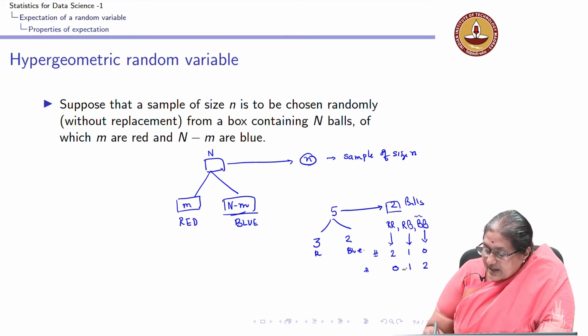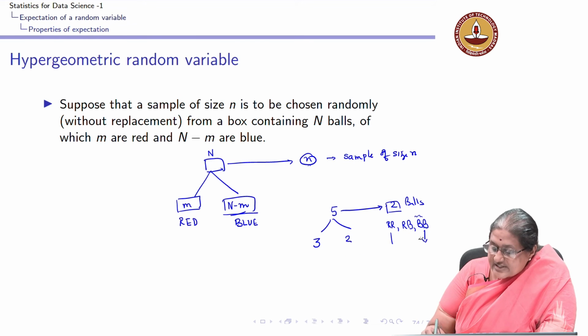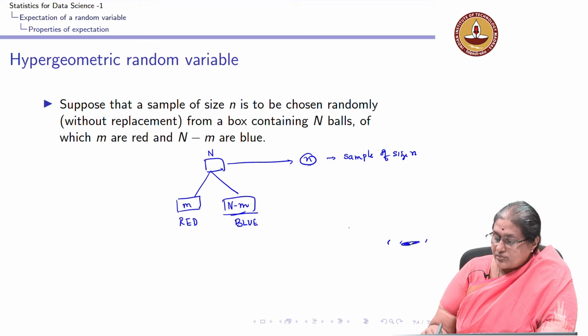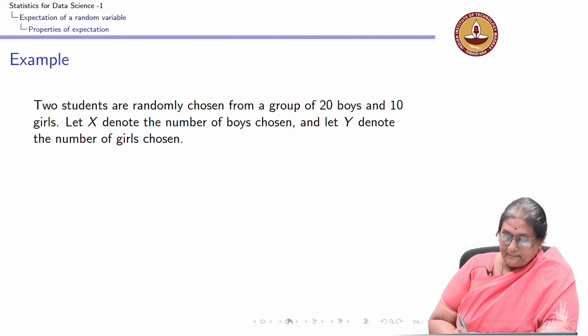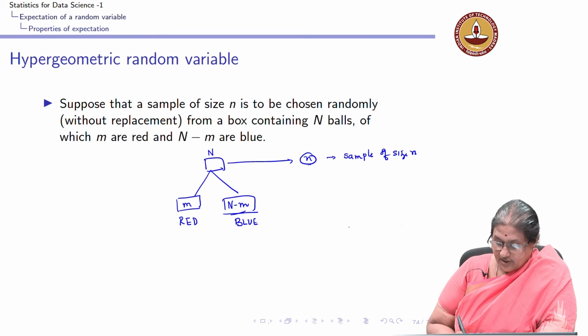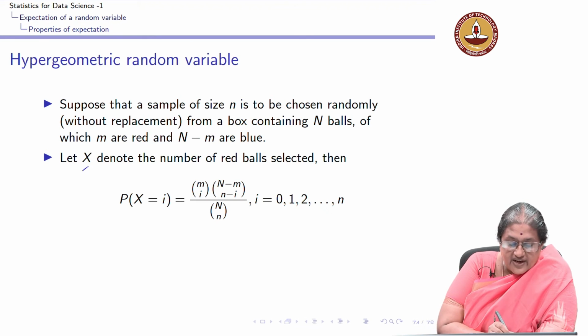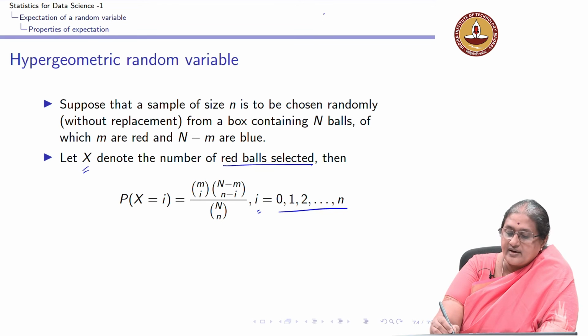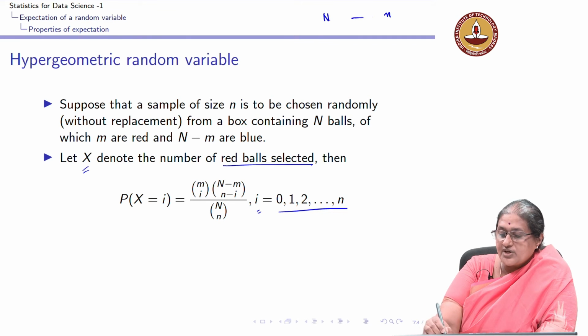So, the random variable of interest in this case could be counting the number of red balls or blue balls. Looking at the probability mass function, where x is the number of red balls that are chosen, x can take values 0 to n. Again recall, I have capital N, and I am choosing small n.